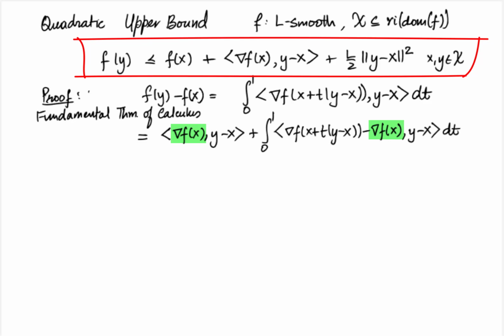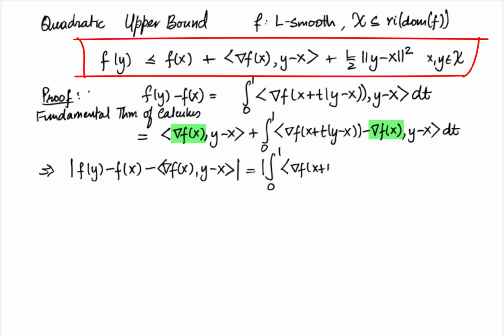Then let us take the first term to the left and take absolute value on both sides so as to obtain the absolute value of f of y minus f of x minus gradient f of x inner product with y minus x equal to the absolute value of the integral from 0 to 1 of the inner product of gradient f of x plus t times (y minus x) minus gradient f of x with y minus x, dt.